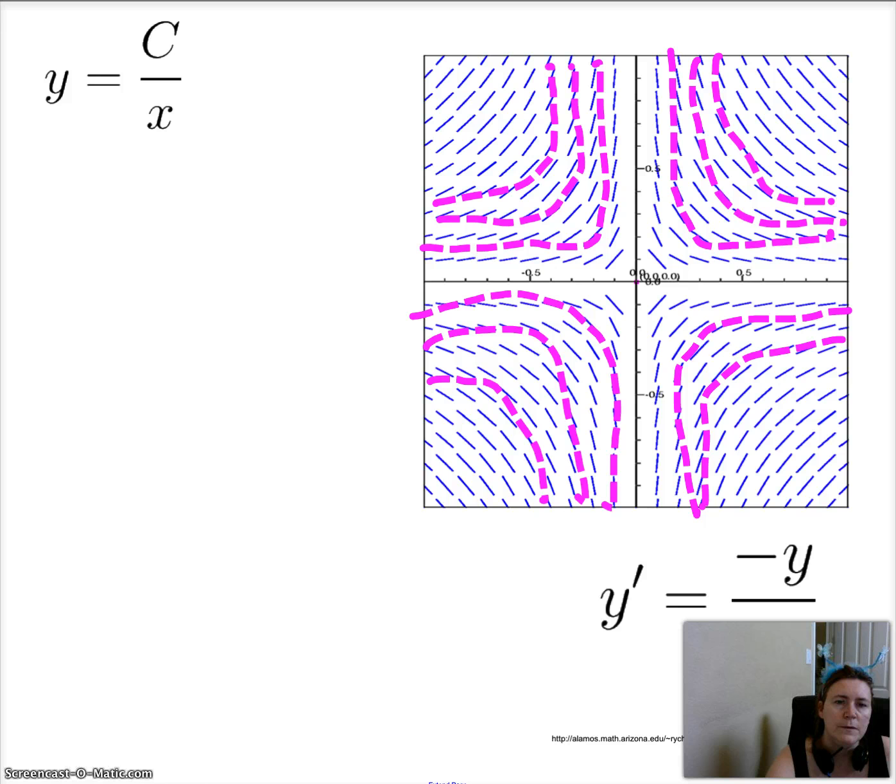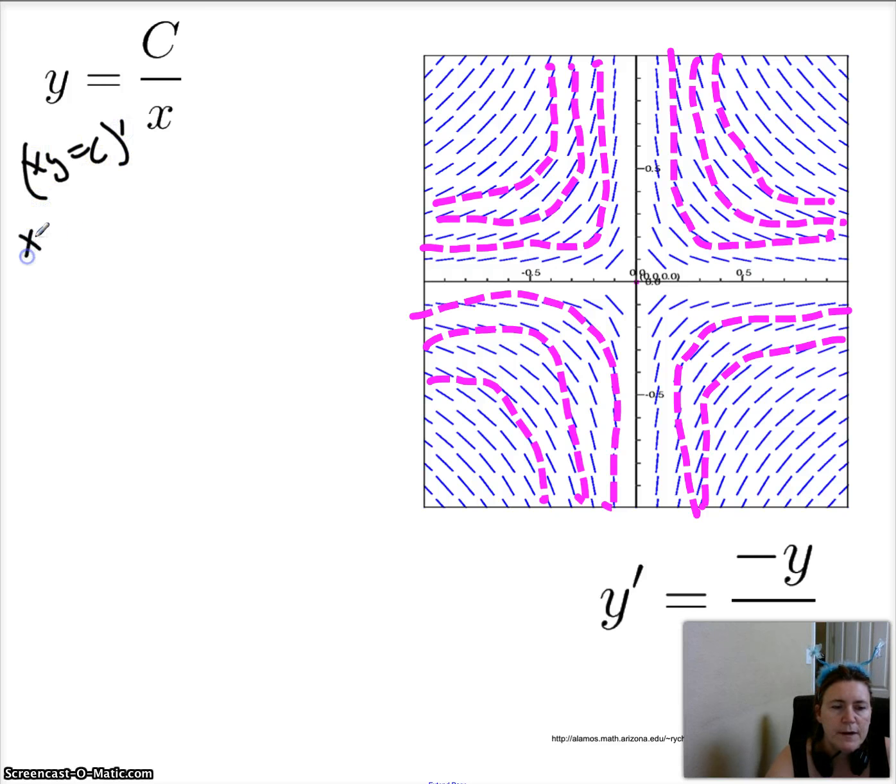Now, suppose I tell you that y equals c over x is a solution to this differential equation. Do you believe me? Well, you shouldn't. I mean, you should, but don't. Prove it to me. I'm going to solve this. Just clear the fractions, and now I'm going to take the derivative of both sides.